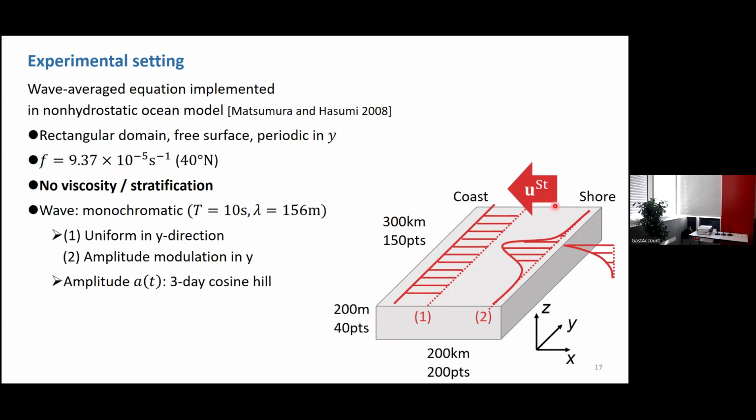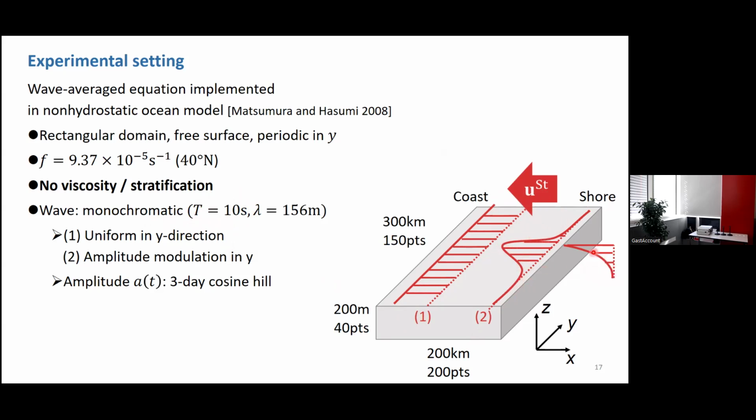The waves come from the shore towards the coast. This is a prescribed Stokes drift velocity field. It has the vertical structure of a monochromatic wave with a 10-second period. I consider two patterns in the along-coast structure: the first being uniform, the second being localized or confined in some way.